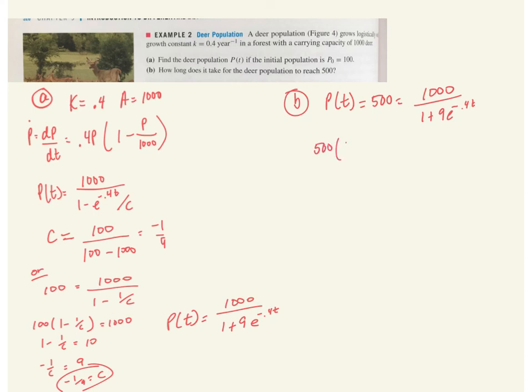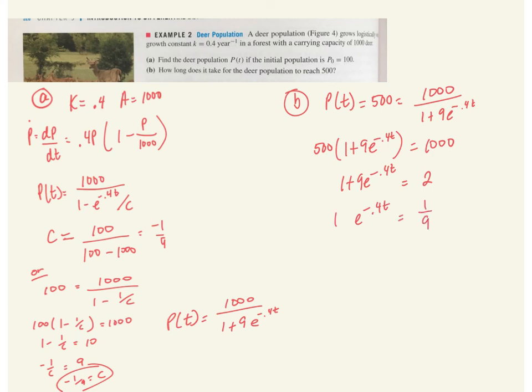So I'm going to multiply by that denominator. I divide by 500. So I have 2. And then I can subtract 1 and divide by 9. So I have e to the negative 0.4t equals 1/9.